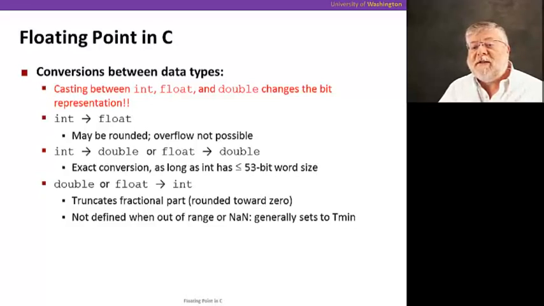Another issue is when the double or float is bigger or smaller than we can actually represent in our integer notation. In that case, we'll use the convention to set the value to t-min, the 2's complement minimum value. And we'll probably also do that for things like not a number or infinities and minus infinities. We might set to t-max and t-min, for example.